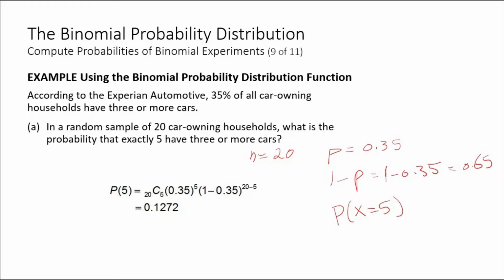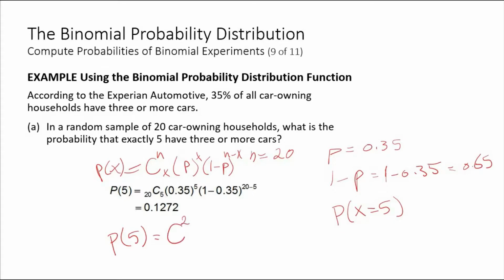So the formula, to remind you, says n choose x times the probability of success raised to the x power, times the probability of failure, 1 minus p, raised to the n minus x. This is the probability of x. So the probability of 5 is going to be, we replace n and x in our formula.